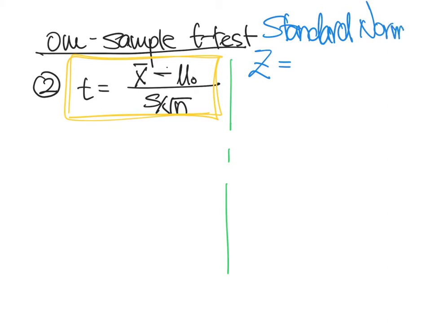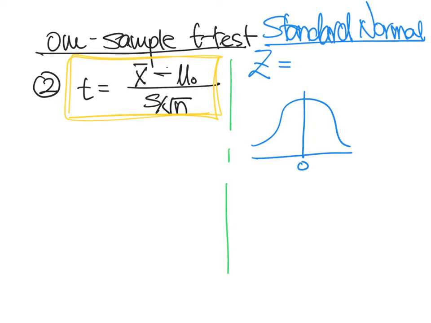It is a very special normal distribution where we have zero mean and standard deviation 1. The normal distribution always looks like a bell shape, but here the mean equals 0 and the standard deviation equals 1. The standard deviation means the variation, that is 1, and the center is equal to 0. So that was the standard normal distribution, and we use the Z.